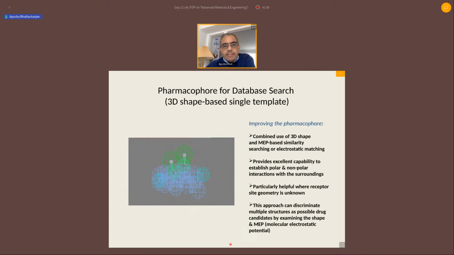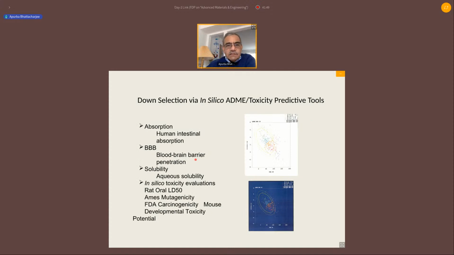So then, what we did was put that pharmacophore model on a very potent and very active tryptanthane molecule, and then made a shape-based template and searched the in-house database first. After the in silico ADME toxicity evaluations, the favorable compounds were selected.